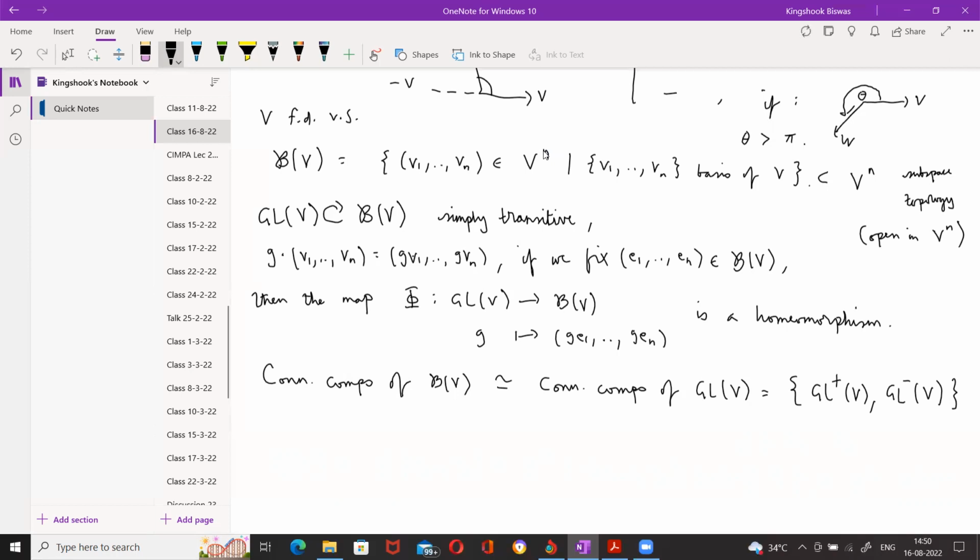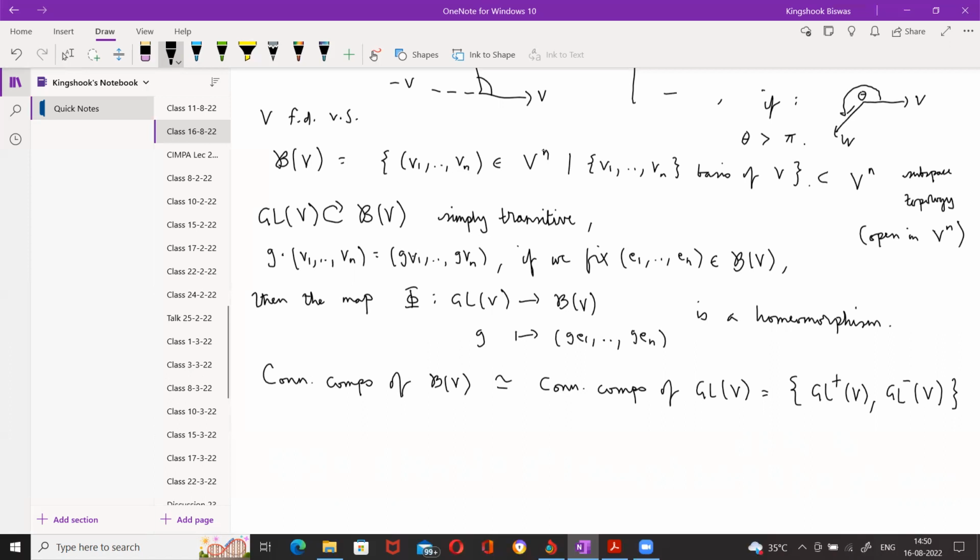Yes. You can use, for example, the Cartan decomposition, or even the Iwasawa would do it, I think.